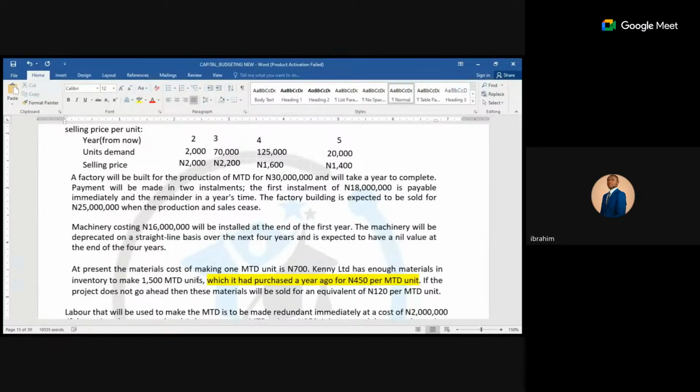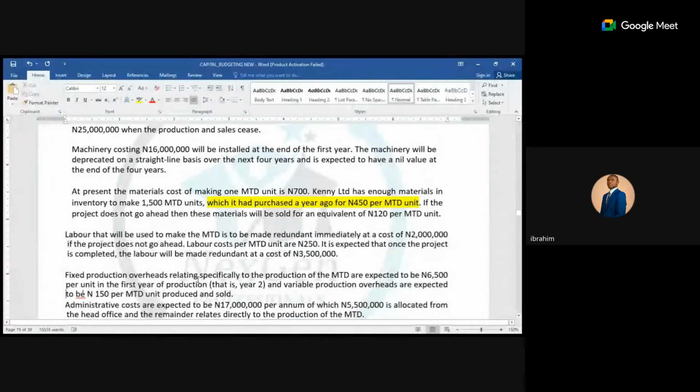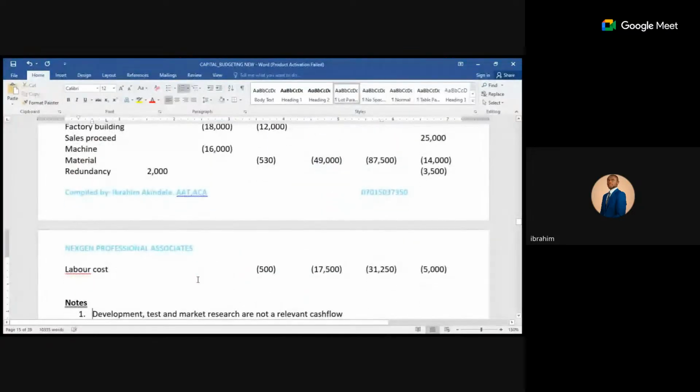That would be very wrong because your fixed production overhead does not change according to the demand or the units produced. They've given us a hint that you will just have it in the first year of production. It is incurred specifically, meaning that you will incur the same fixed cost from year 2 to year 5. Therefore, we have 13 million.